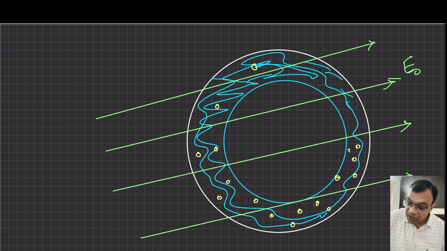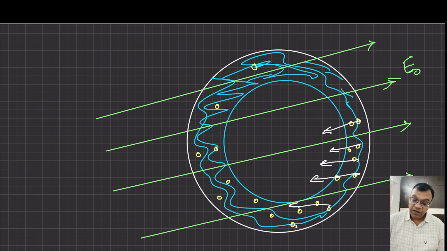Now these free electrons will start experiencing a force in this direction, opposite to the electric field. As a result, only where conducting material is present, only in this blue region.